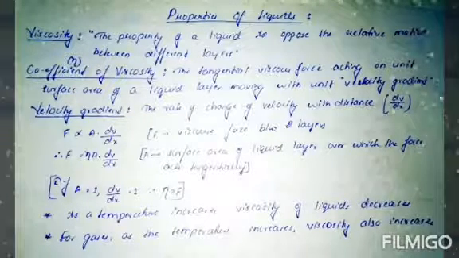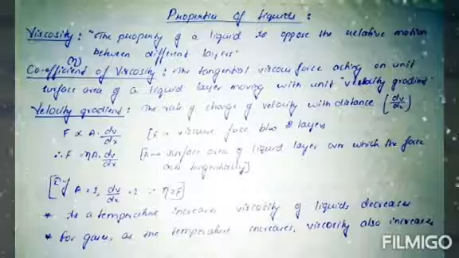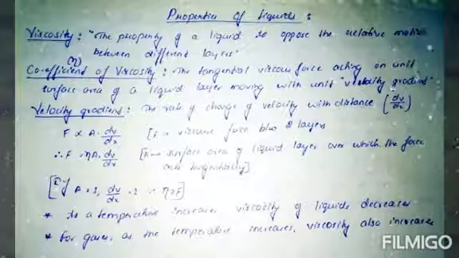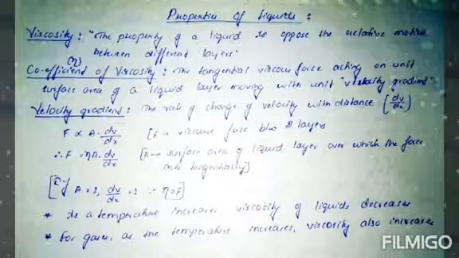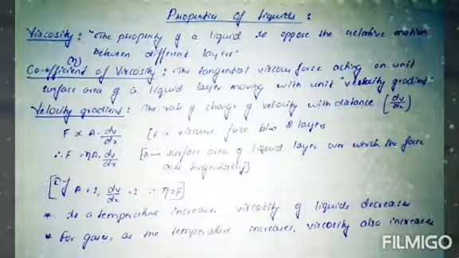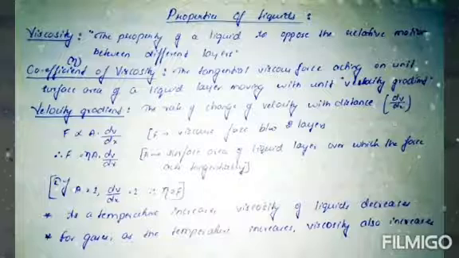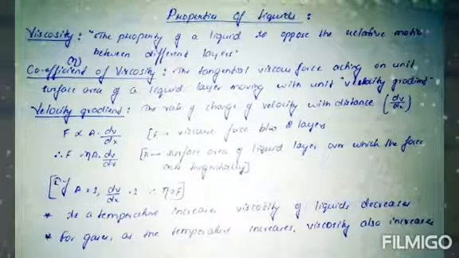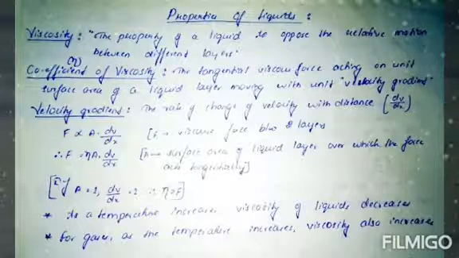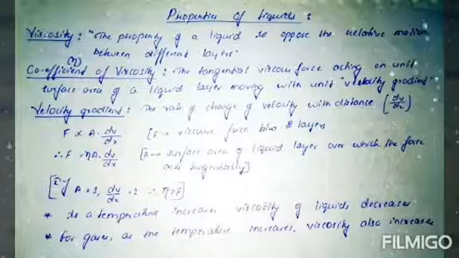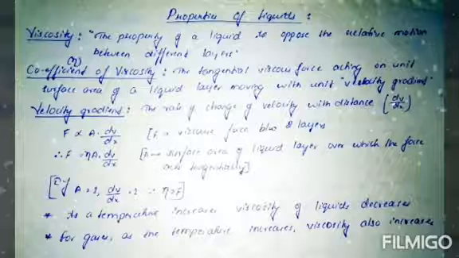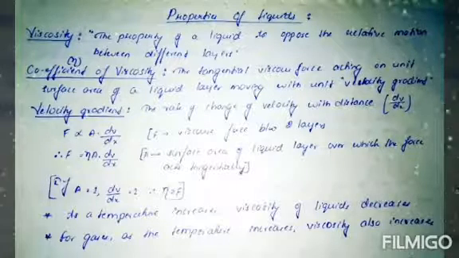Therefore F is equal to eta, the coefficient of viscosity, into A into dV by dx, where A stands for the surface area of the liquid layer over which the force acts tangentially. The point to remember is, if A is equal to 1 and dV by dx is 1, then the coefficient of viscosity is equal to the viscous force between the two layers, that is, eta is equal to F.